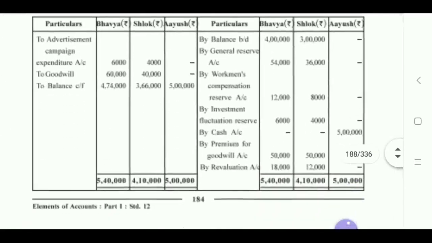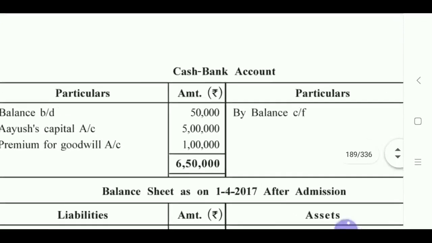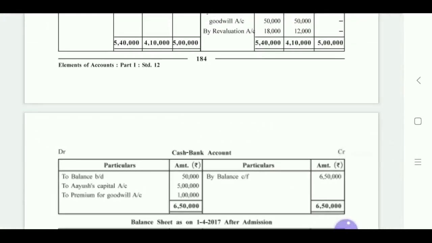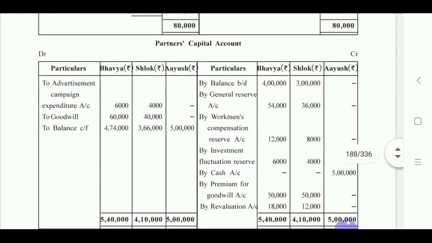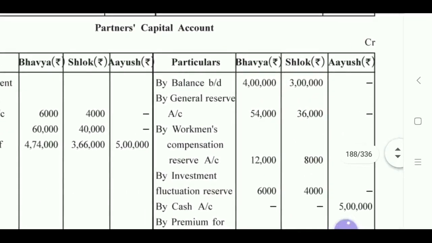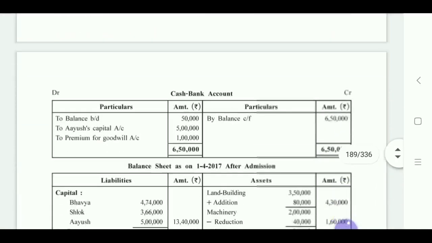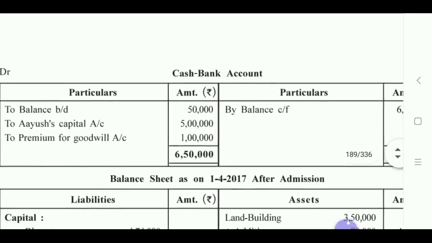And I have also written the opening balance of cash here on the debit side. The balance of capital is given on the liabilities side, hence it is written on the credit side. Also, the balance of capital is credit, of course, we know this. This is just the logic I'm giving you. And cash and bank is, of course, on the debit side.